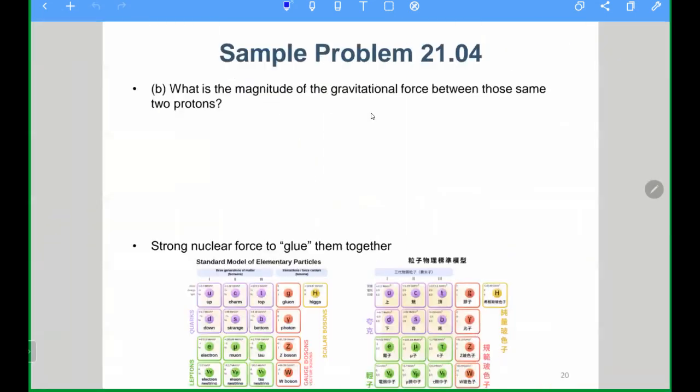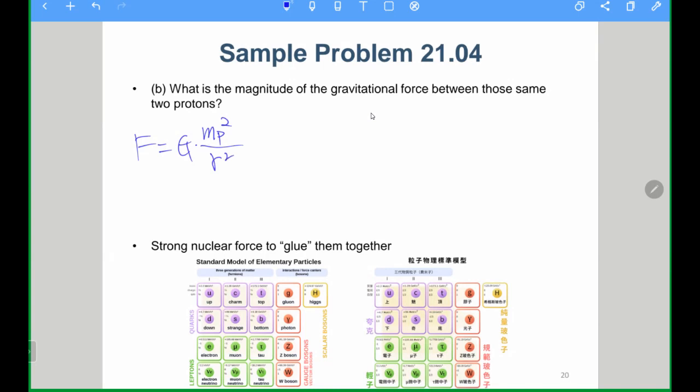For part B, it says, what is the magnitude of the gravitational force between those same 2 protons? I think in physics 1, you have already learned the gravitational force, which is F equals G times m1 m2, which means mp squared, the mass of the proton squared, all over r squared.